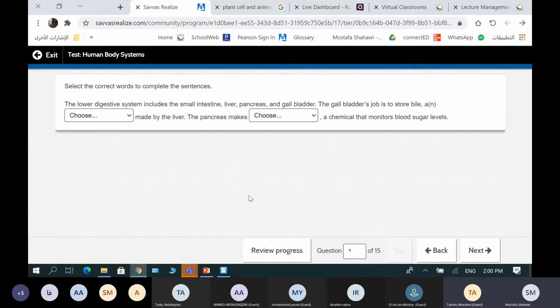Select the correct word to complete the sentence. The lower digestive system includes the small intestine, liver, pancreas, and gallbladder.